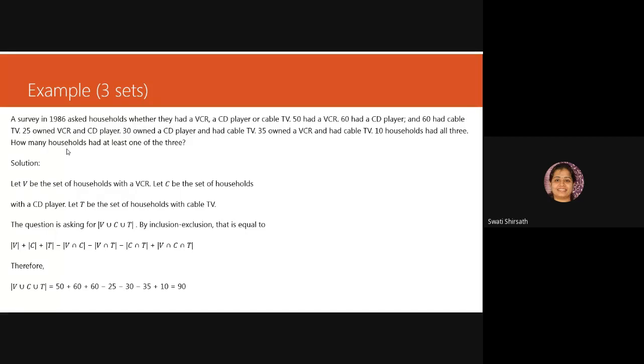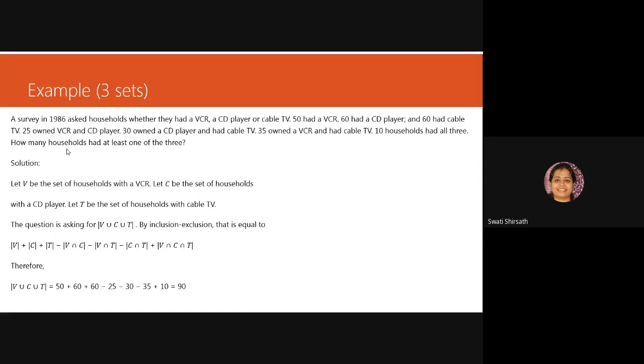Okay, now here the union or intersection is not asked in a simple way. So what they have said, how many households had at least one of the three? At least one of the three means either VCR or CD player or cable.